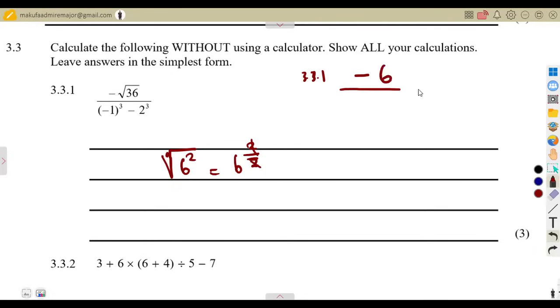We've got minus 6 over minus 2 to the exponent of 3. If a negative is raised to an odd number, it remains a negative value.